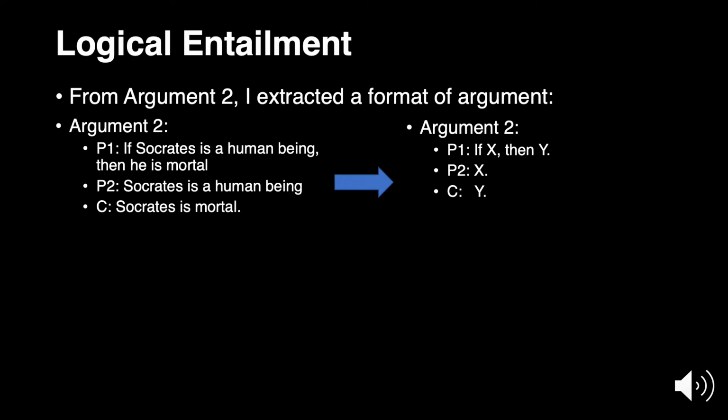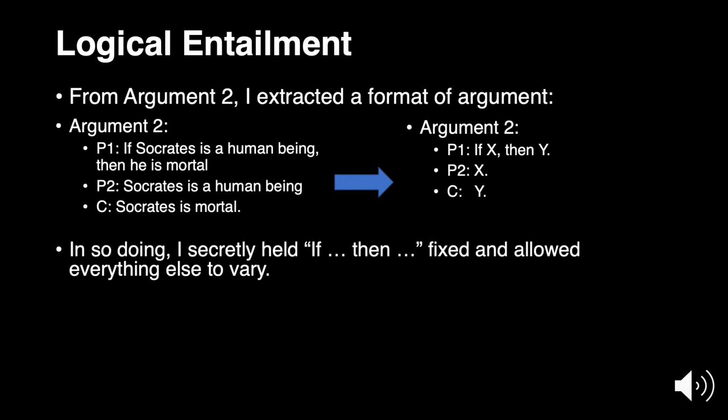Okay? So these two have the same form, so to speak. In so doing, notice that I held the if-then part fixed and allowed everything else to vary.